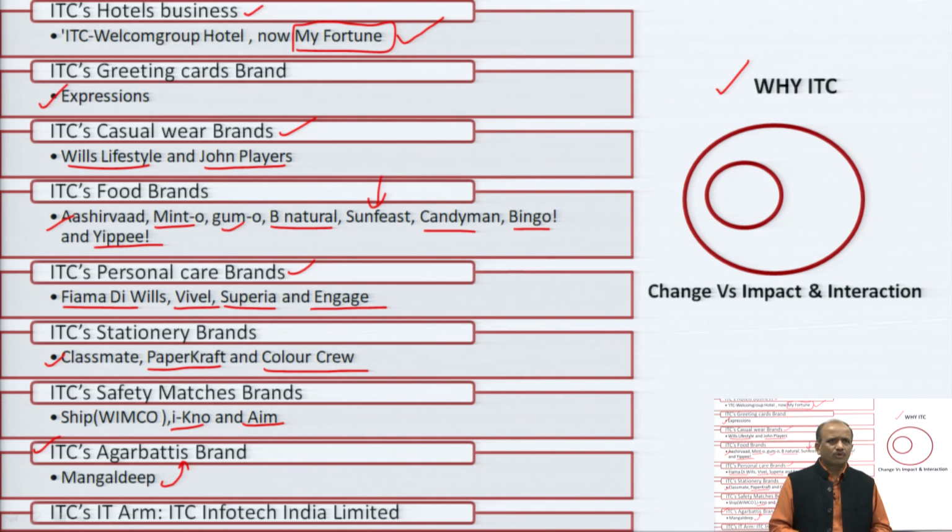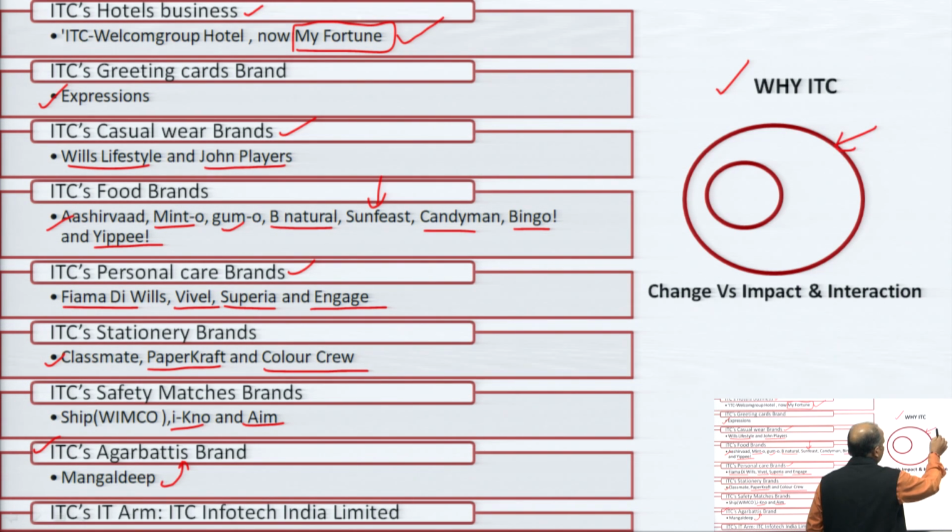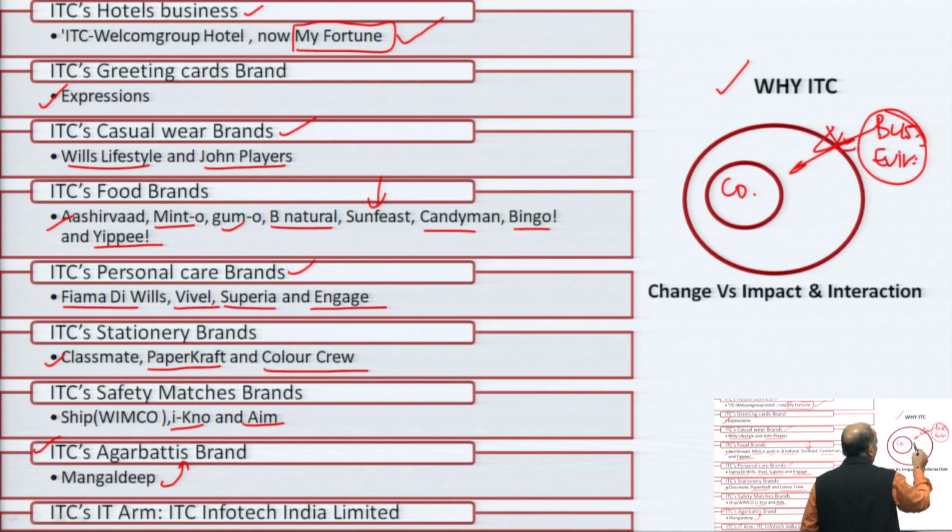The thing which I want to communicate is that if I consider this outer circle as the business environment wherein this company is operating, then obviously if anything changes in this business environment, and this company is working within it, this change will impact this company.